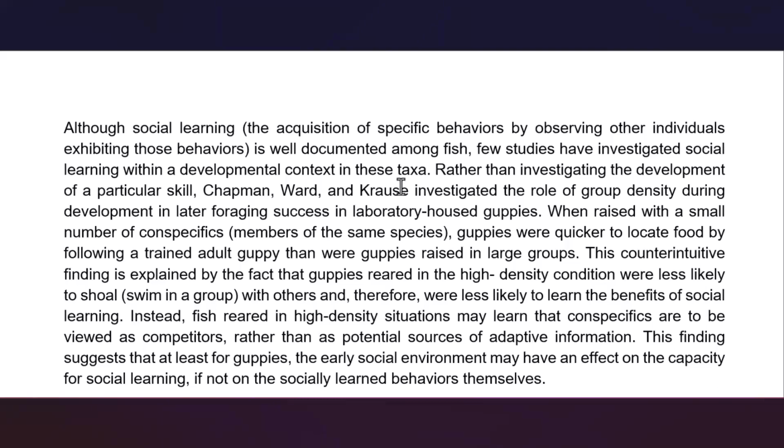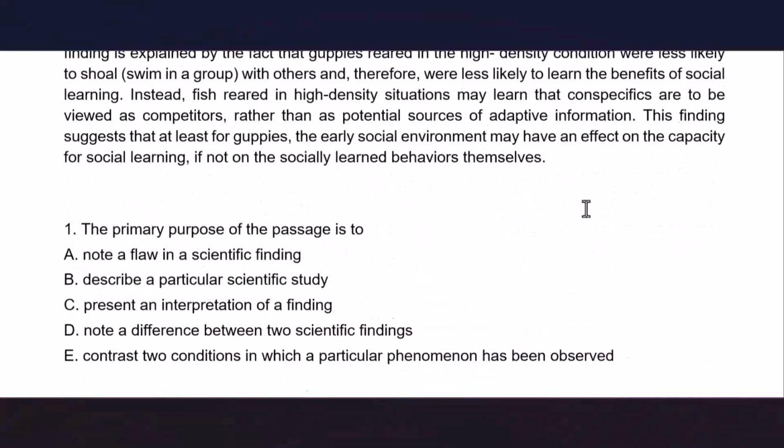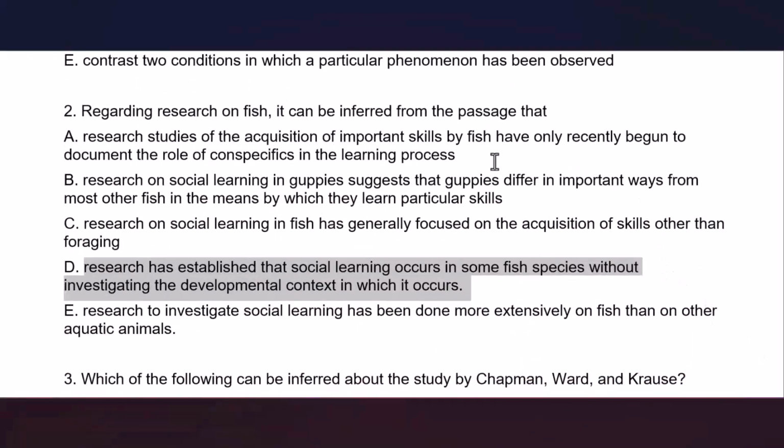Perhaps for some species of fish, if you want to study their social learning, you don't need to study it within their developmental environment. So this is exactly what choice D says. Choice D actually says social learning occurs in some species of fish without investigating the developmental context in which it occurs.